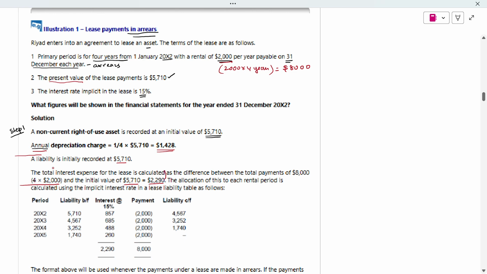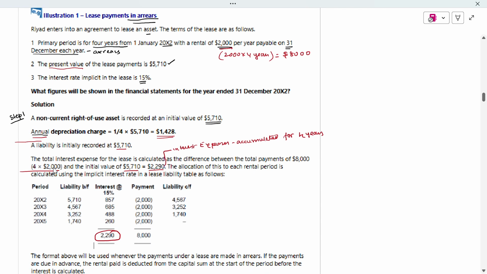This 2290 is nothing but the interest expense, accumulated for 4 years. It is given here. The allocation of this to each rental period is calculated.